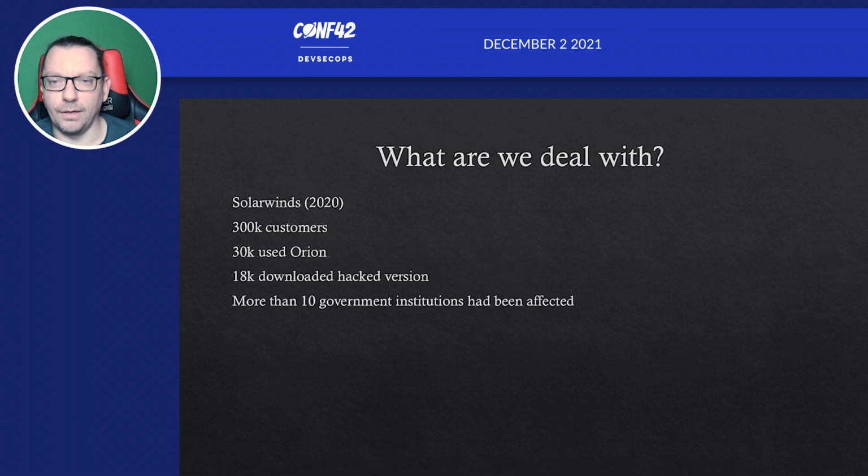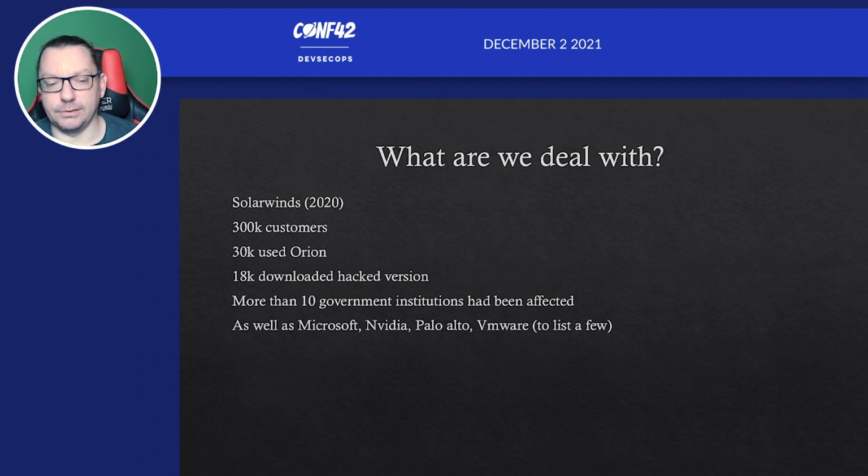More than 10 government institutions in the US were affected by this version, and to say even more, Microsoft, Nvidia, Palo Alto, which is interesting because they also work with security at a different level, and VMware, just to list a few of them.